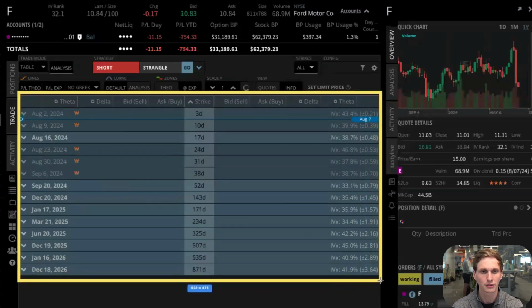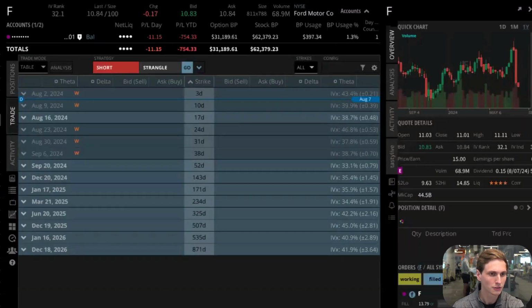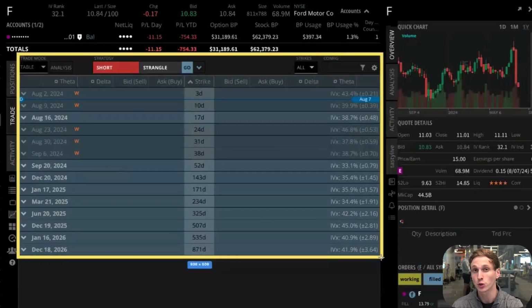There's a couple different views for trading options. I'll get into all of them and our analysis mode in just a second. But by default, you're taken to the options chain. And if you've traded other brokers, it probably looks very similar. But this is where we're going to see all of the available expirations to trade for this symbol.